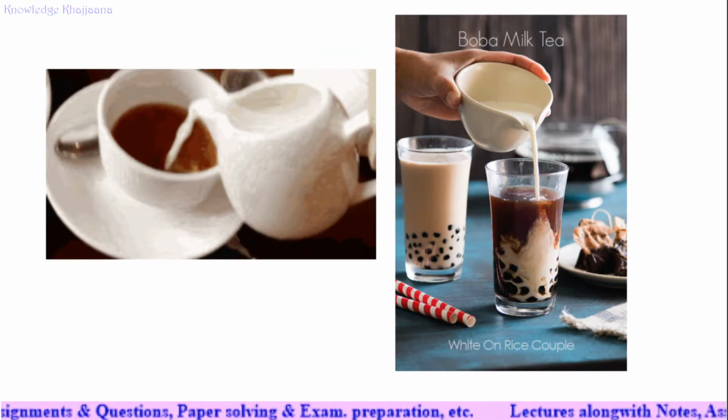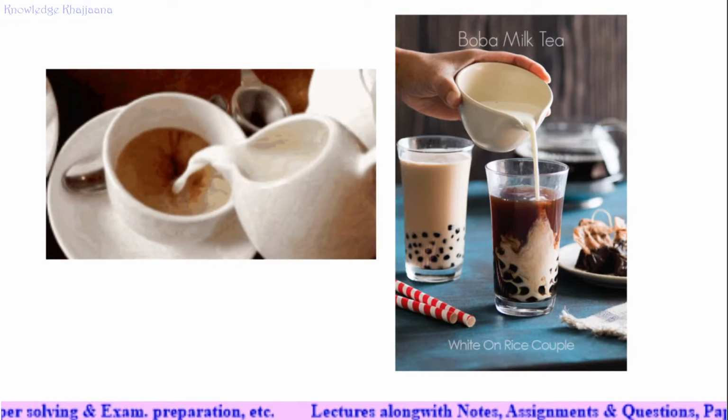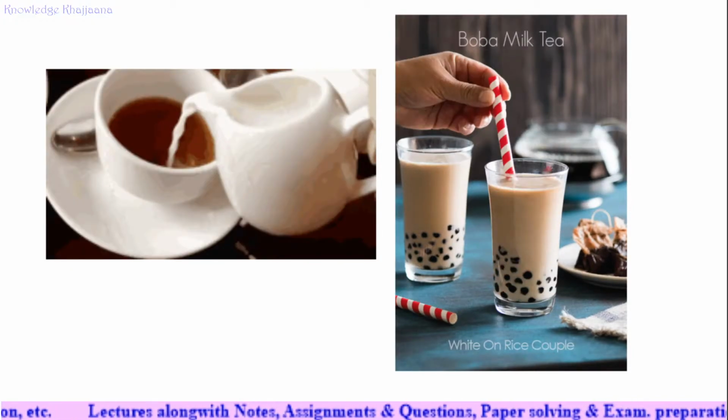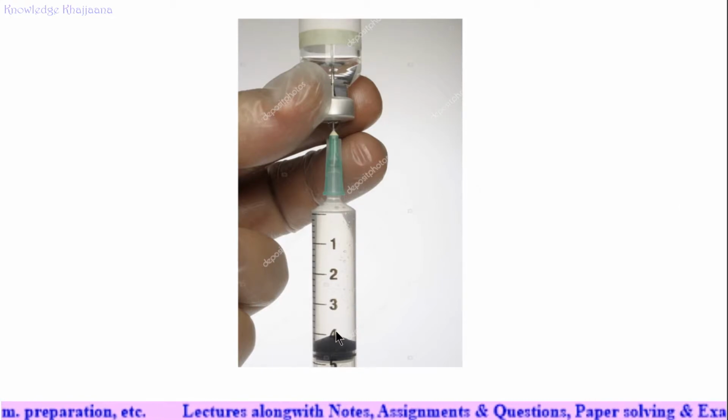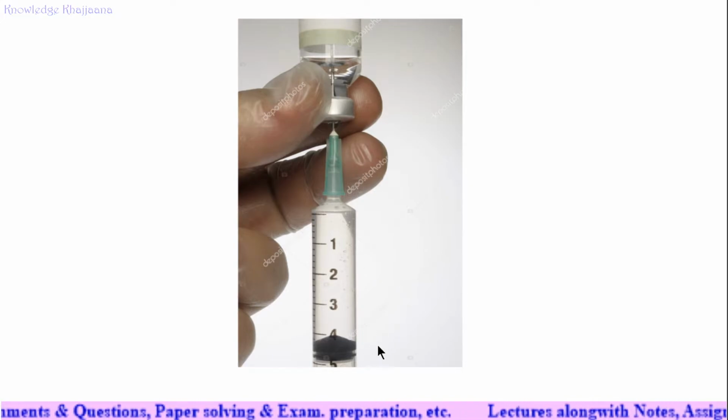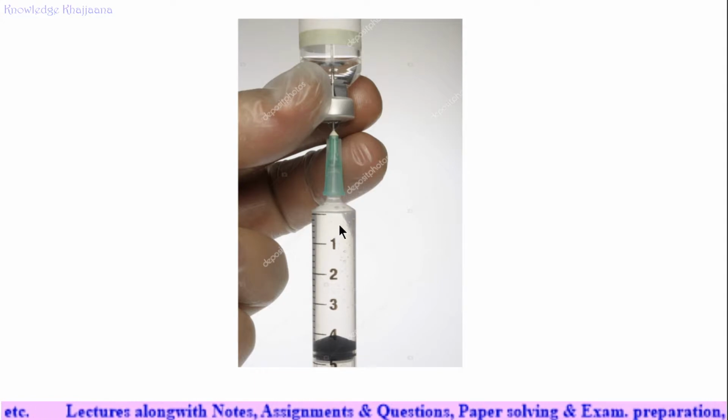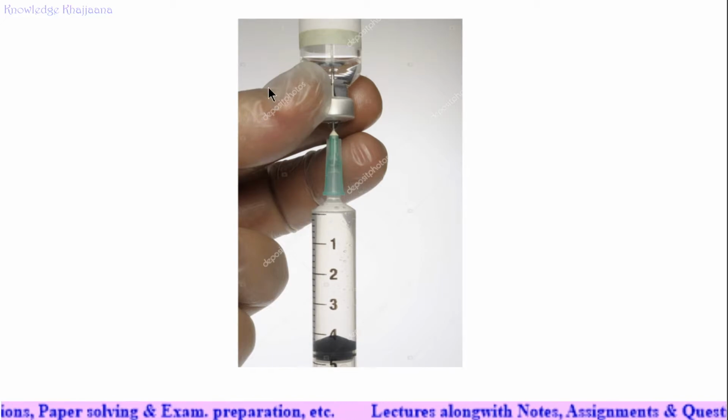Another example of this: these days all the people on the entire earth are expecting the vaccine for the coronavirus, for covid, right? Suppose this is an image, and the vaccine is prepared.